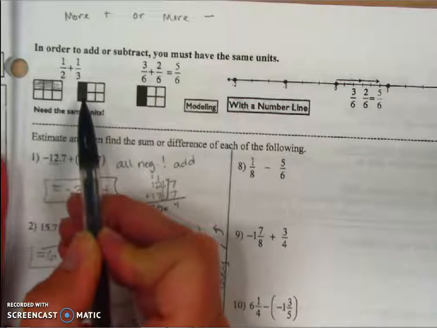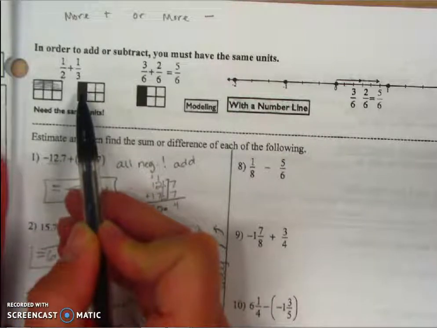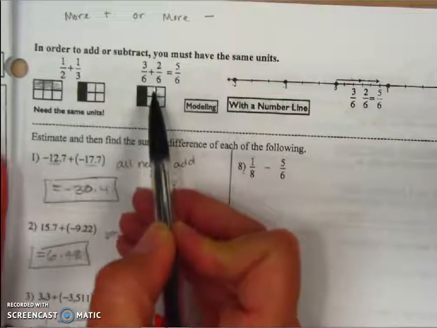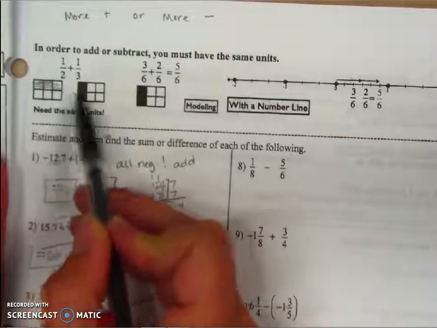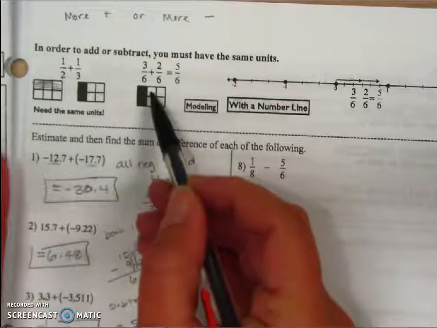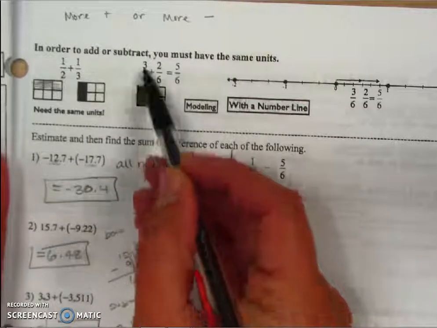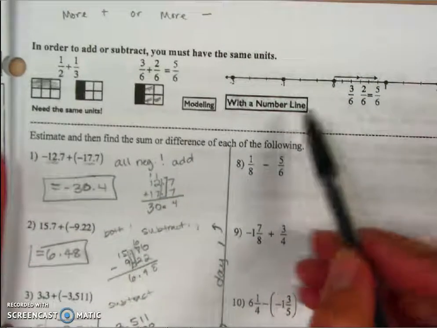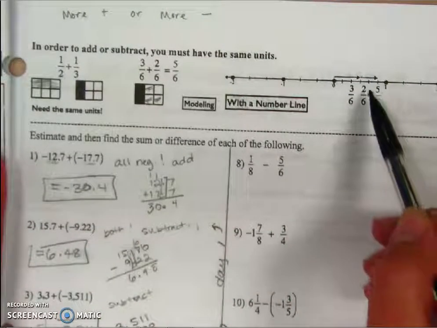And if I split up a third into 6 parts, we would need 2/6. So 3/6 plus the 2/6 that were there gives us 5/6. So we can see that broken up here. We can also see it on the number line here.